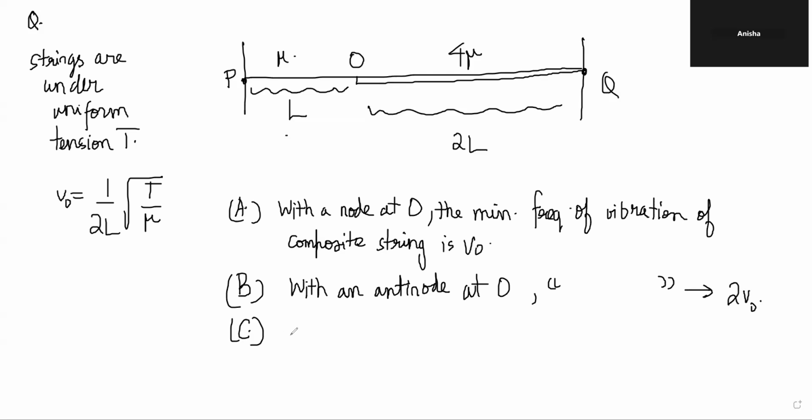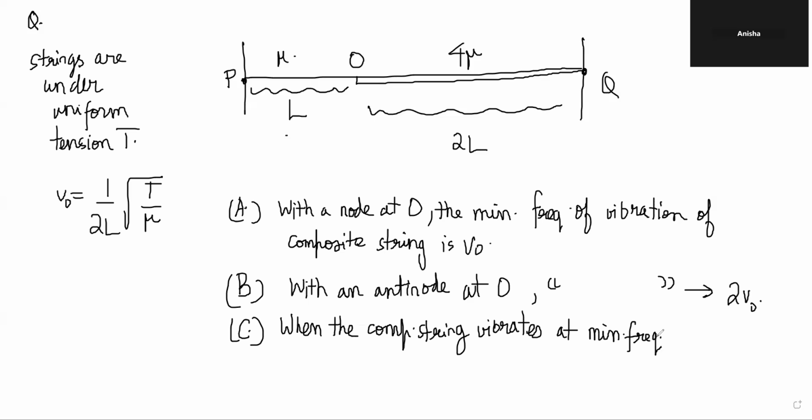C: when the composite string vibrates at the minimum frequency with a node at O, it has 6 nodes, including the end nodes.